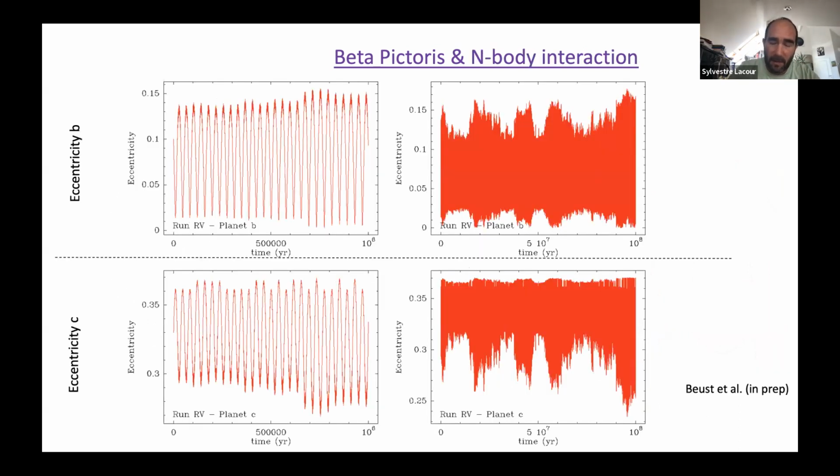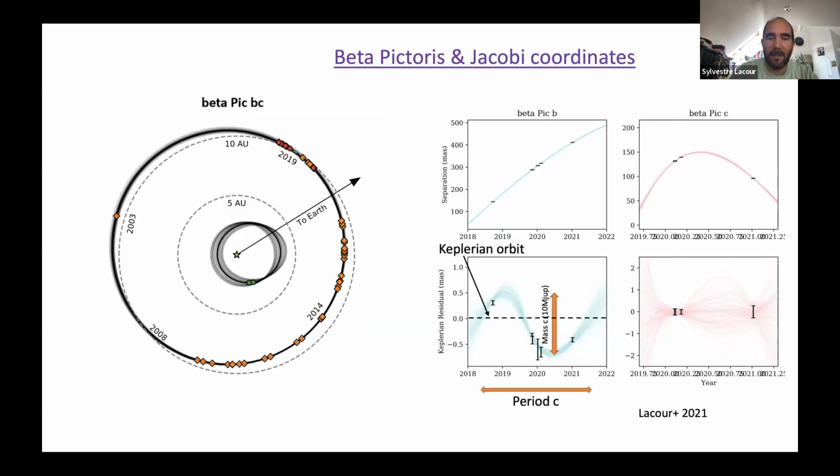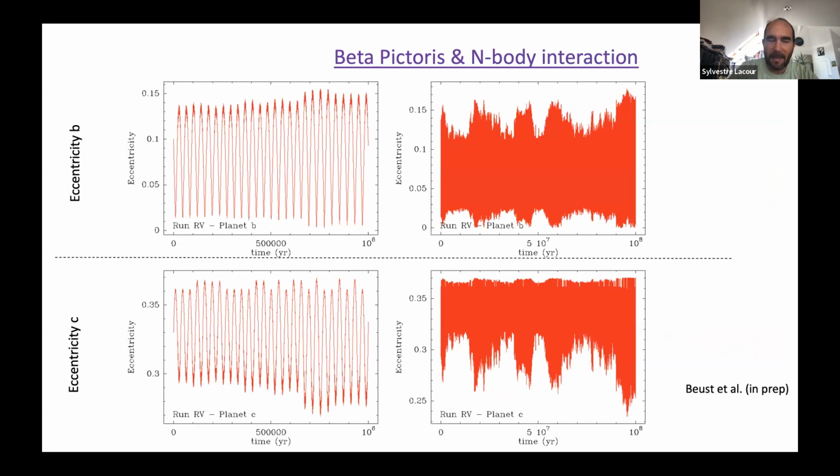If you go further, so Jacobi coordinates is just an approximation of a three-body interaction in a system like that. But if you go to n-body interaction, and assuming the mean motion resonance, you can also compute how the system would evolve in the future. And that's work made by Hervé Beust, which can predict that.